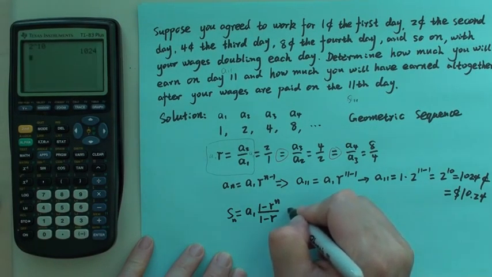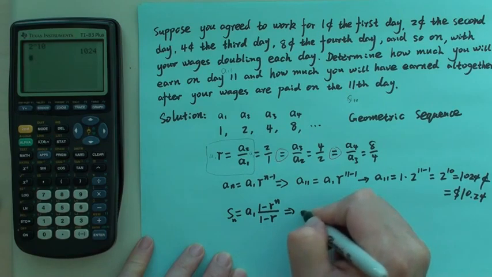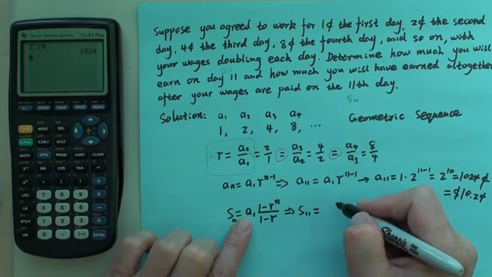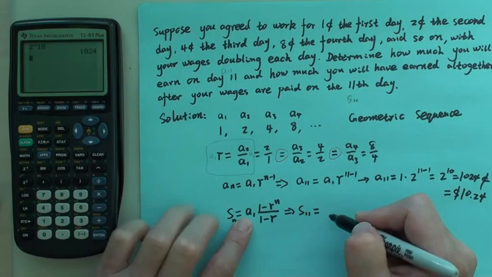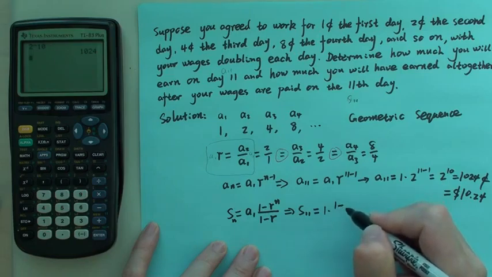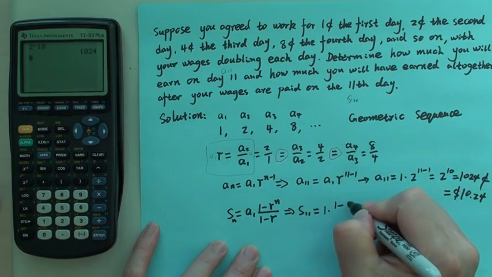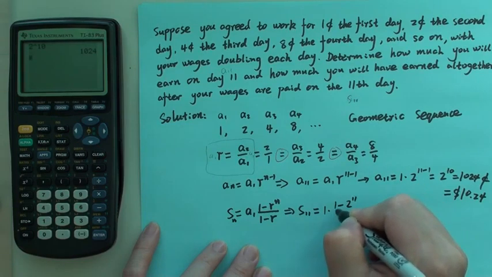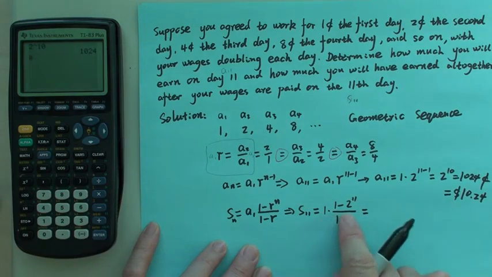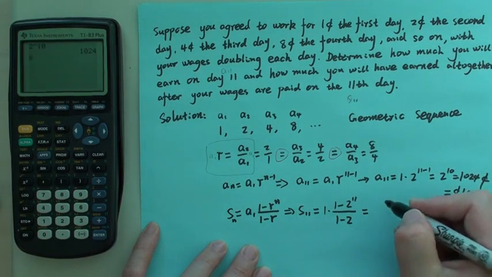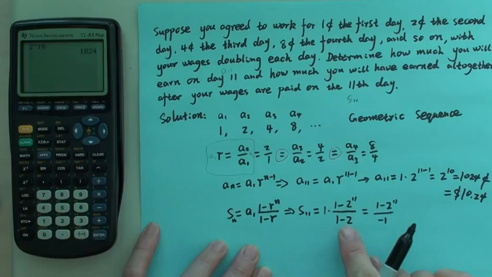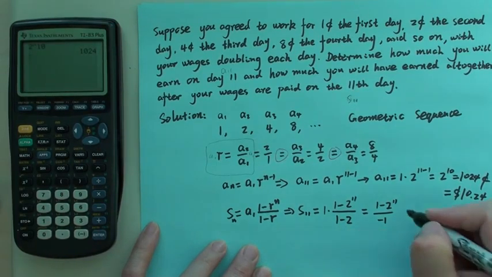Then S11 equals: A1 is 1 right here, and r is 2. So 1 minus 2 to the 11th divided by 1 minus 2. 1 times anything is that thing, and 1 minus 2 is -1.